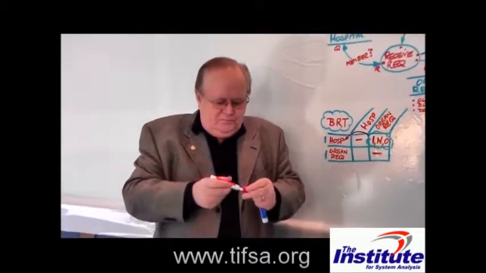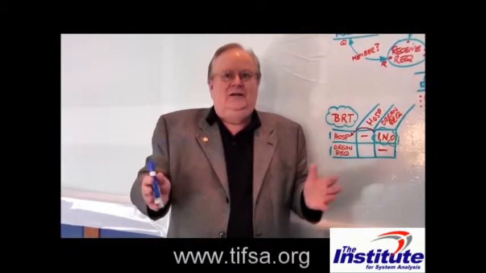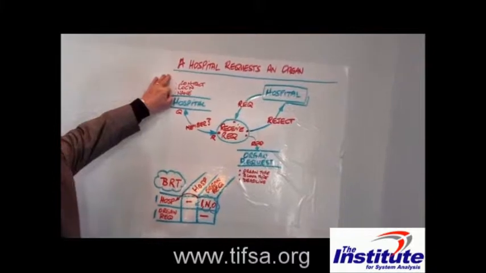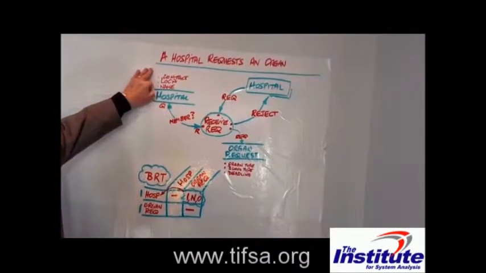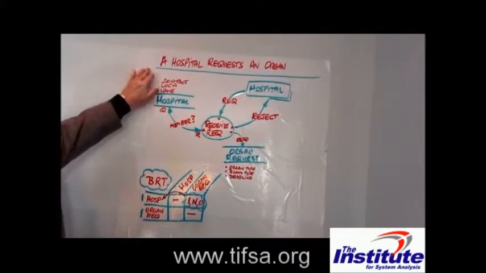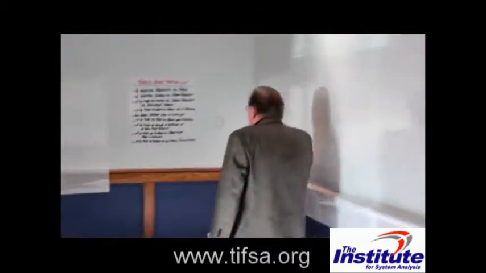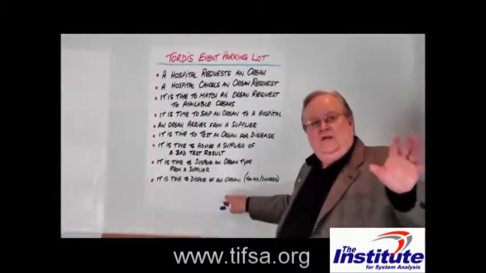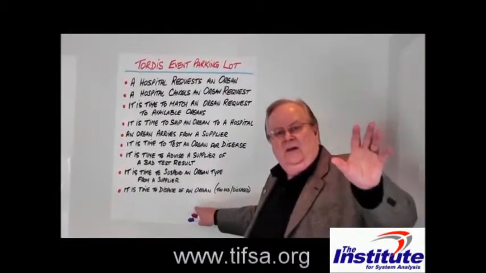Now, that turns into an event. And the event in this case is a hospital does not request an organ. Now, that event has to be added to our event list unless we felt we've already dealt with it in one of the diagrams that we do.